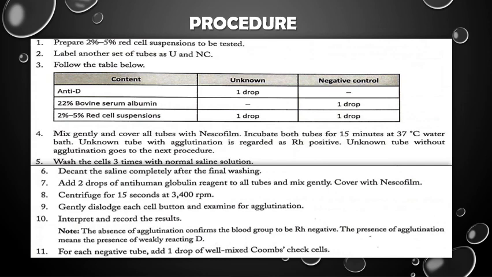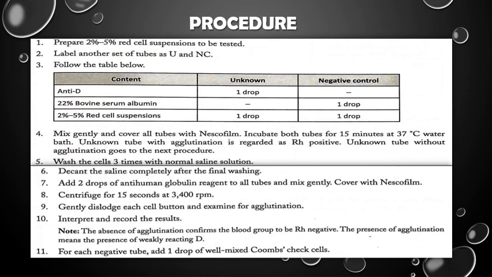For the procedure, number 1, prepare 2% to 5% red cell suspensions to be tested. Number 2, label another set of tubes as U and NC, U for unknown, NC for negative control. Number 3, follow the table below.